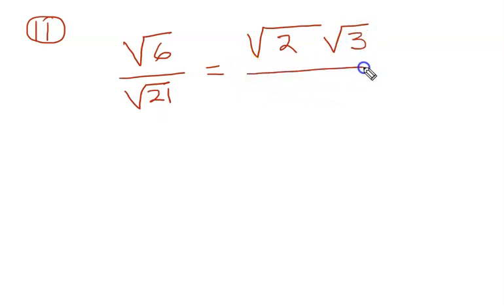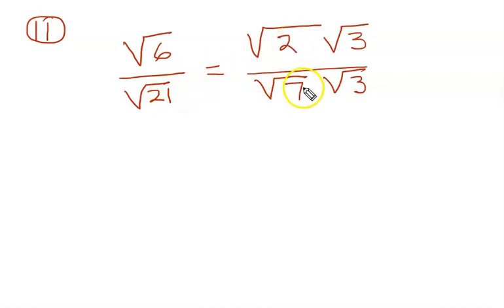Now my denominator I'm going to write as the square root of 7 times the square root of 3. So hopefully you can see what I've done. I've teased apart the radicands to their common factors in a sense.